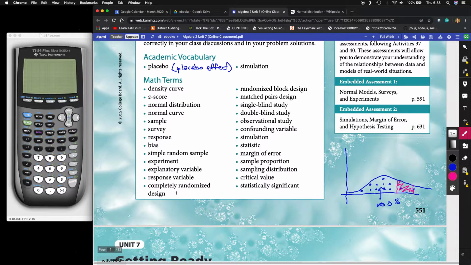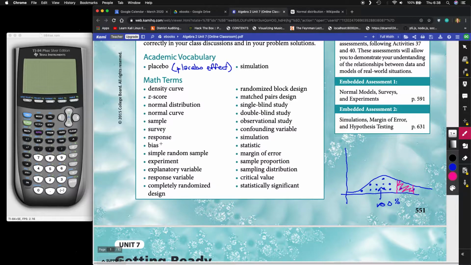A completely randomized design is very important when we're collecting these data and designing our methods of collecting the data. Randomized block design, matched pairs design, single blind study, double blind study, observational study, simulation.